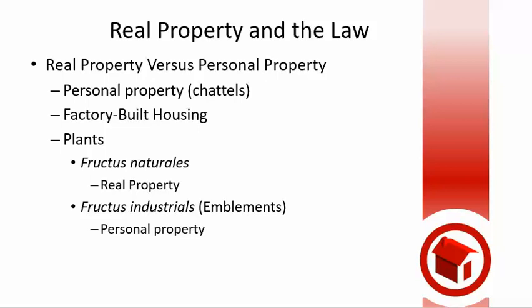So when a farmer sells his farm and the back 40 has corn planted on it, the corn that's going to grow is his corn. He has the right to come back and collect his corn, because just like the microwave and the couch and the pool table, the corn is his property. It's an industrial fruit. He's planted it and it becomes personal property.